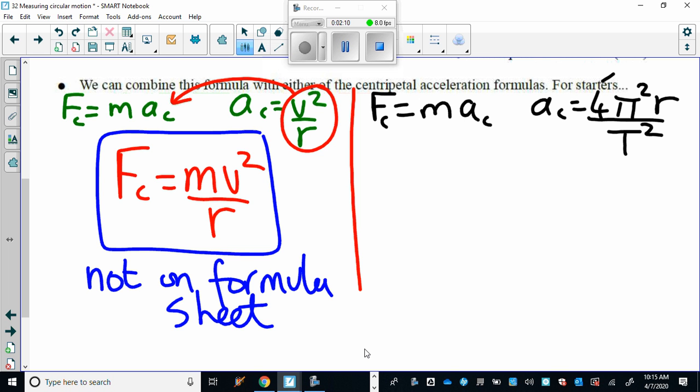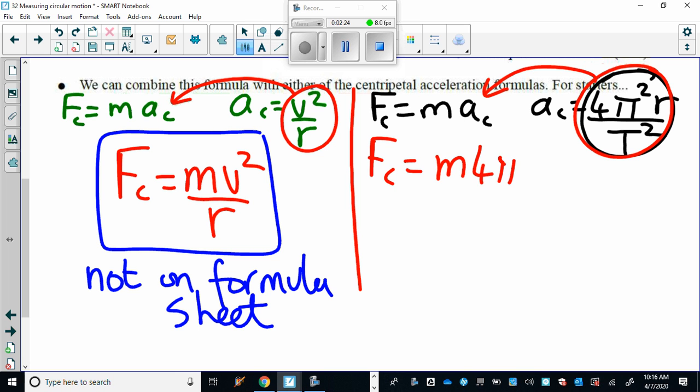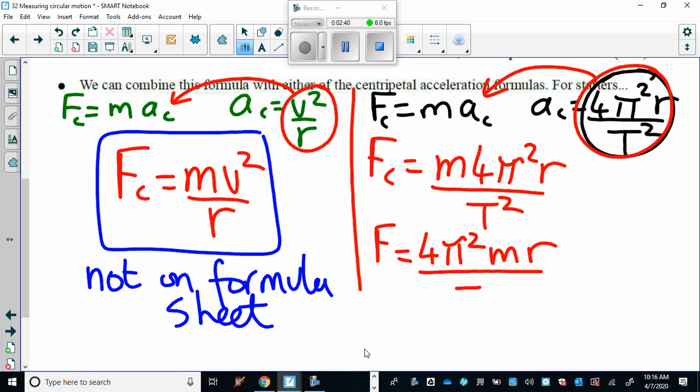We can just take this whole thing and substitute it in here, giving us this formula, which people commonly write as F_c equals 4 pi squared m r over T squared. So there's another formula we can use for centripetal force.